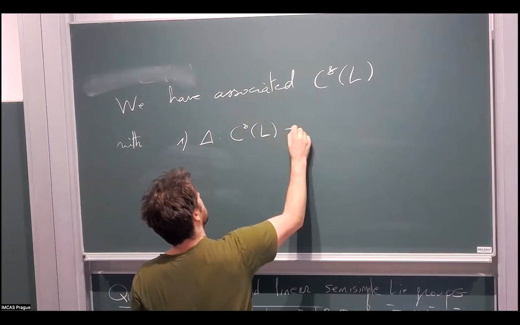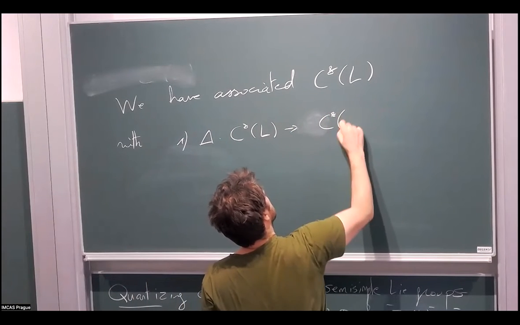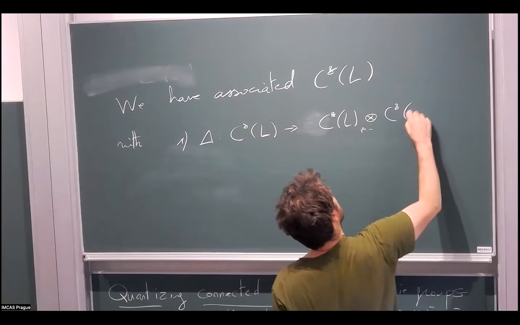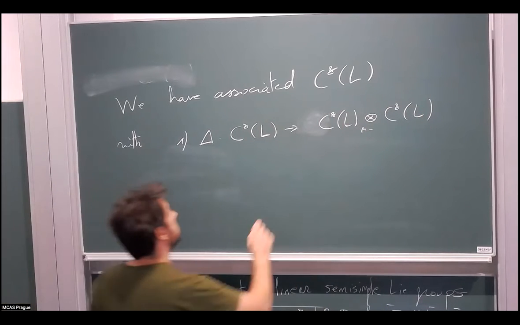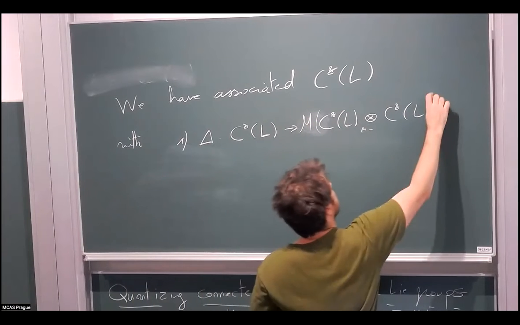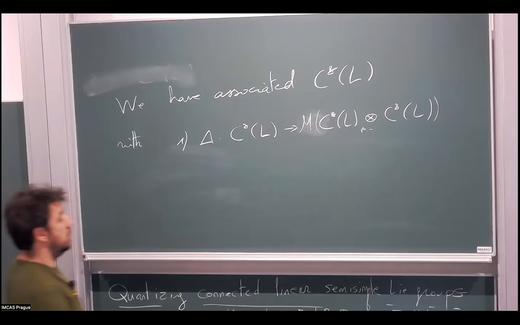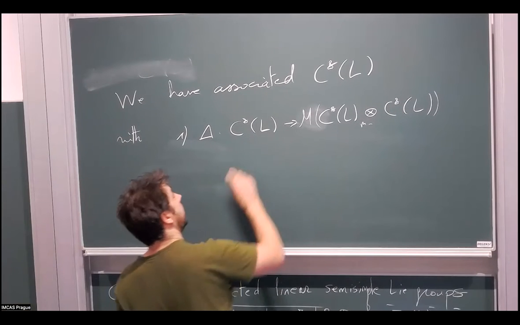It will be a map from C*(L) to the tensor product of C*(L) with itself, except that there's some small technical detail we actually need to put here: multipliers. I will not explain things about multipliers because it will not be essential for this talk, but you can simply think of the diagonal map.